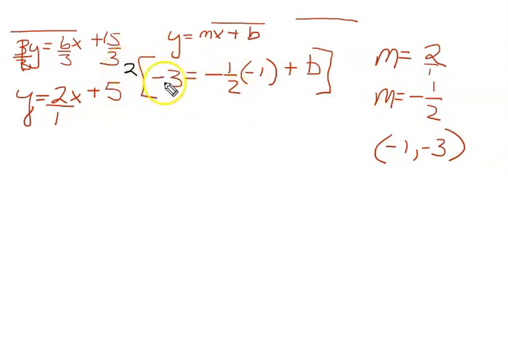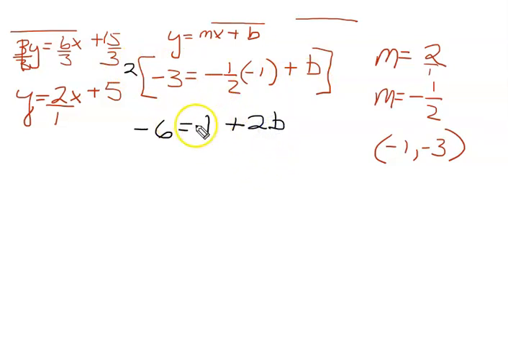Now, there's 3 terms. 1 term, 1 term, 1 term. So 2 times this is a -6. Now here, when we multiply 2 times a -1/2, the 2's cancel out, and we get a -1 times a -1, which will give us a +1. And then this is going to be plus 2 times b is 2b.